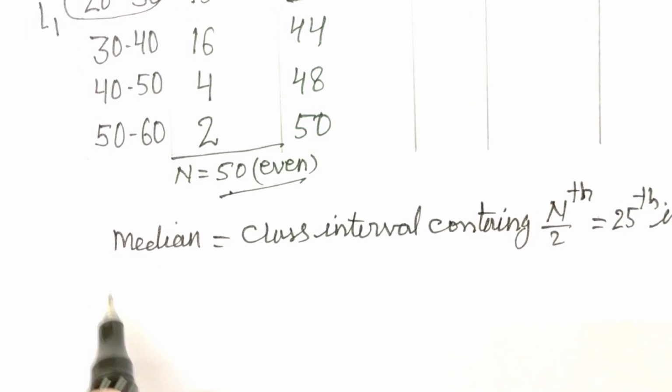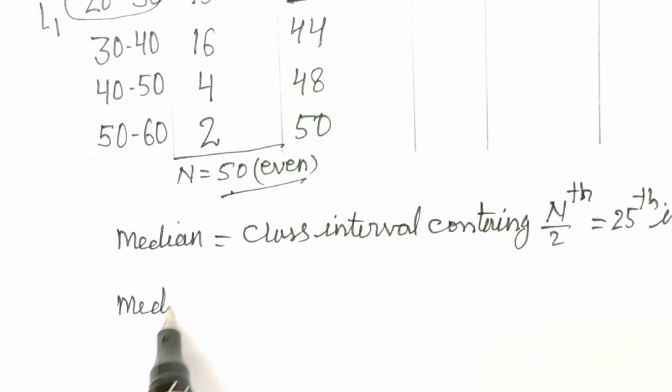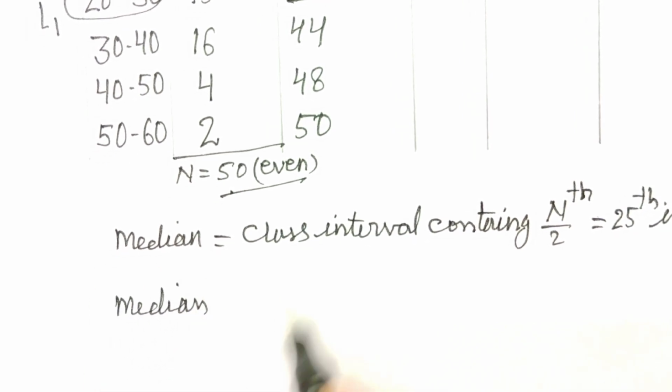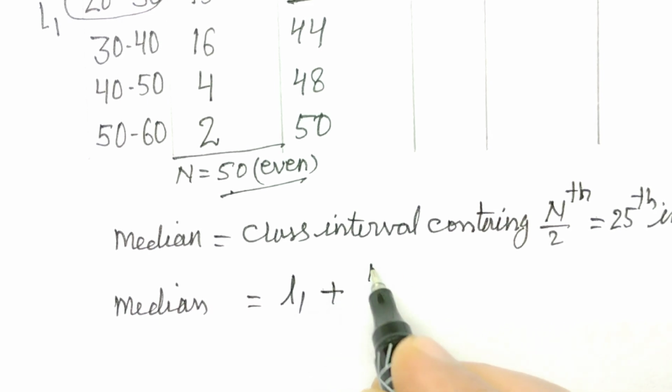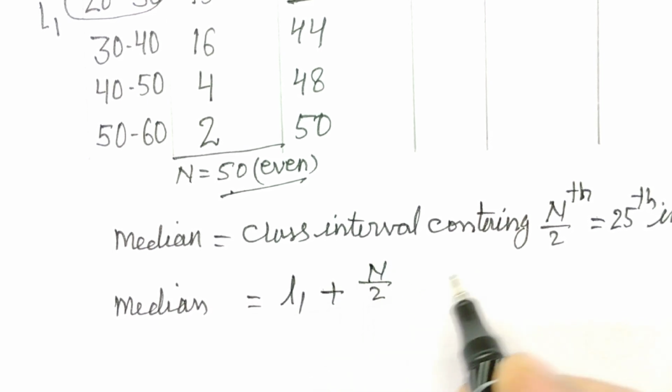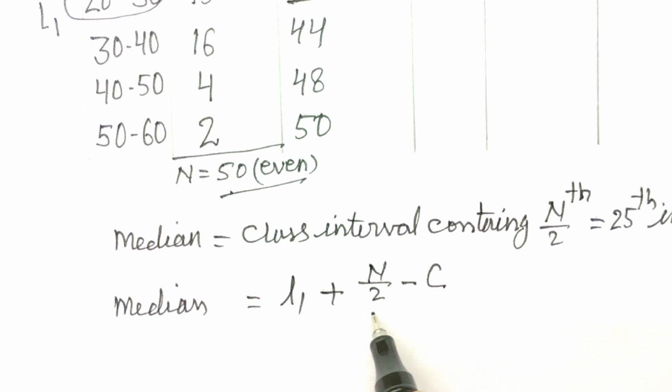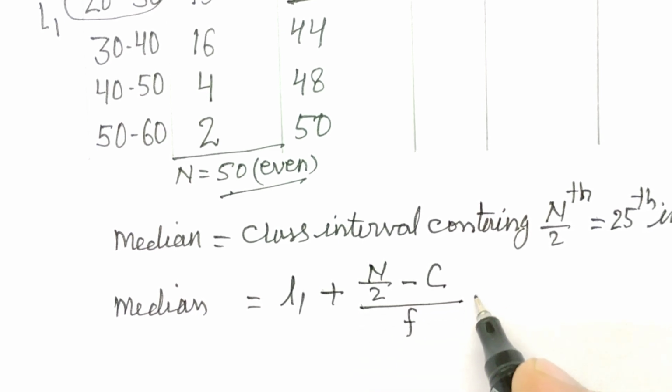So the median formula will be used as L1 plus n by 2 minus C over F into H, right?